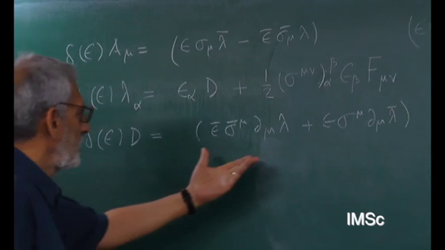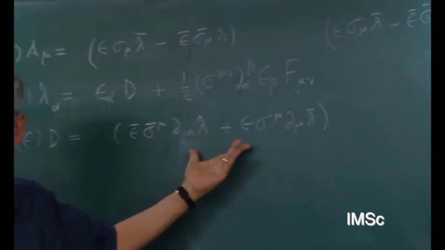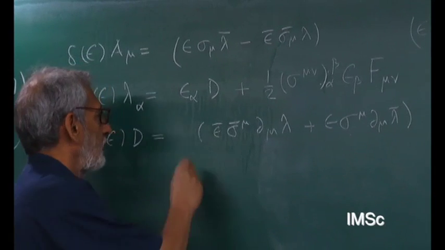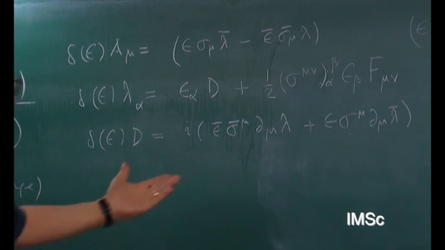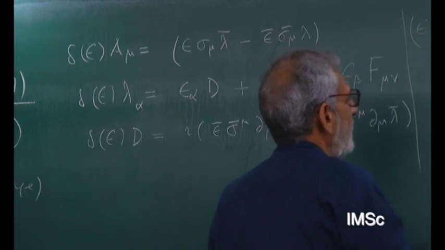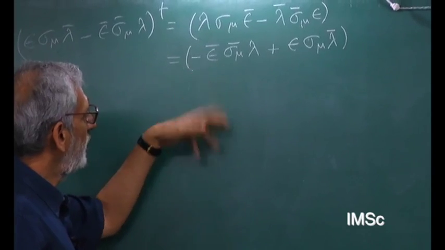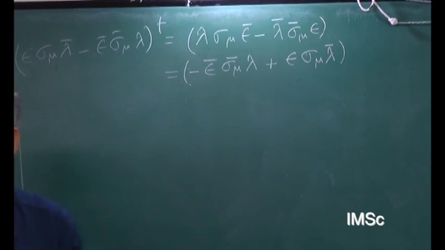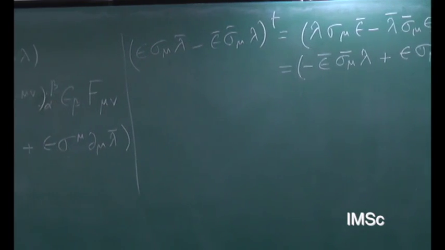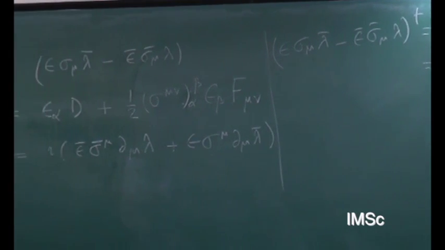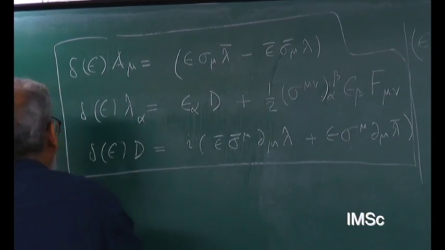Now this object, by the same kind of argument, you realize is pure imaginary. So put an i. Take the adjoint of this, do the same kind of exercise here. There's a plus sign here, and that would essentially change the sign. So that makes the complete prescription of supersymmetric transformations of this multiplet.